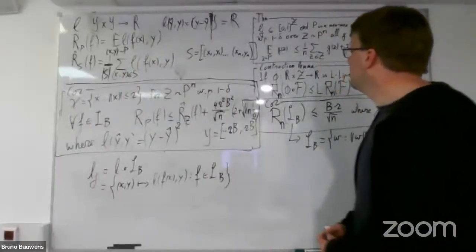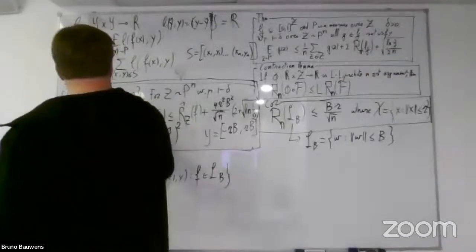Could you please explain once again? So we are scaling our functions from G, and then we get that our loss function is also scaled, but we need to somehow turn back to the initial loss function. So don't we need to scale back? So okay, let me do the scaling.